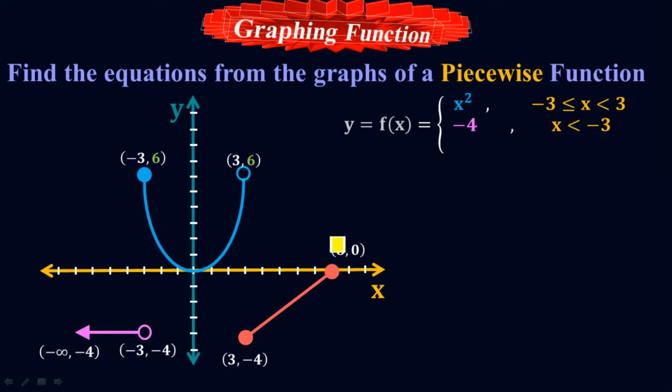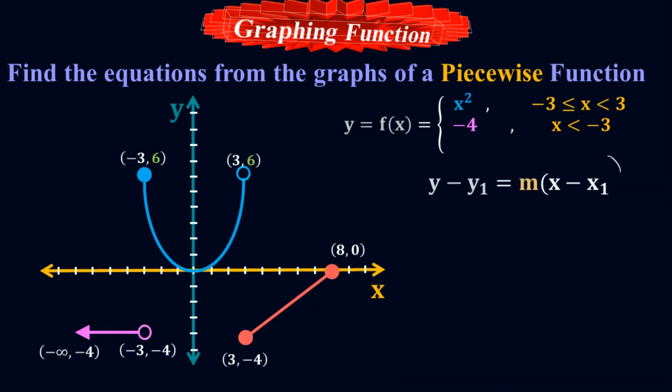This point is 0 along the y-axis. 3 along the x-axis: 1, 2, 3. 3 along the x-axis and negative 4 along the y-axis: negative 1, negative 2, negative 3, negative 4. These are the coordinate points along the x-axis and y-axis for this piece of the graph.